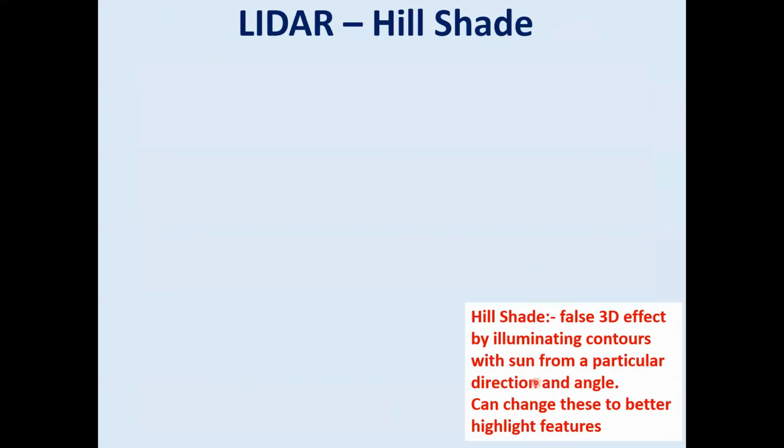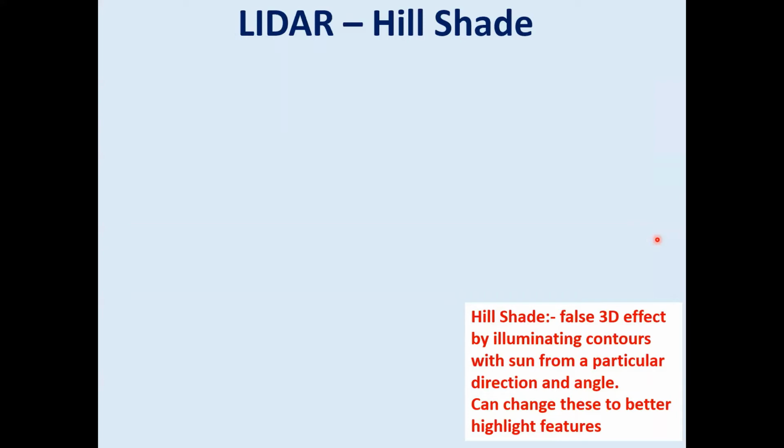So a way to see features in more detail is to do something called Hillshade. And this is something you do in QGIS. This is QGIS processing the LiDAR data. And Hillshade is a false 3D effect made by illuminating the contours with an artificial sun from a particular direction or angle.